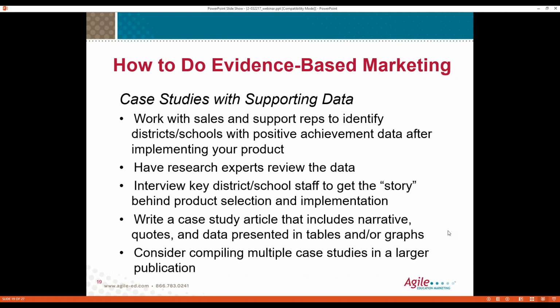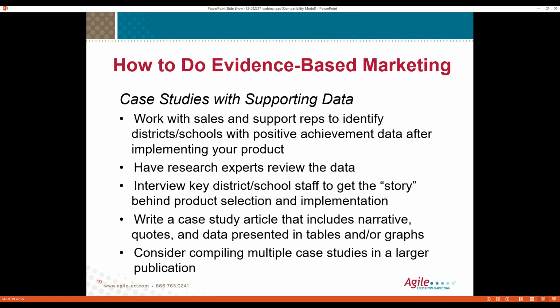Yeah. So we just want to take you in brief over the process for doing case studies. We know that some of you have been doing them, but this is focusing on case studies with supporting data. So the first step is to check in with your reps, your sales reps, your support reps.